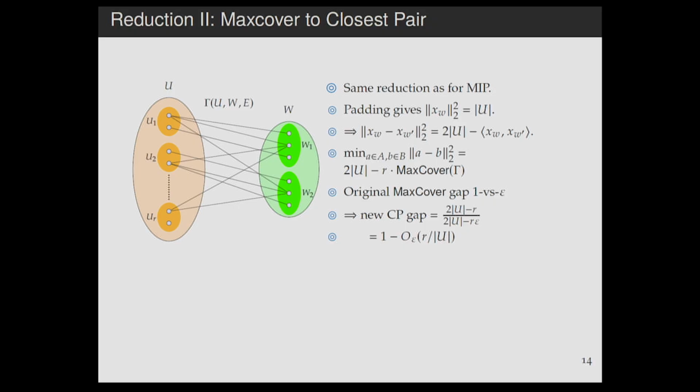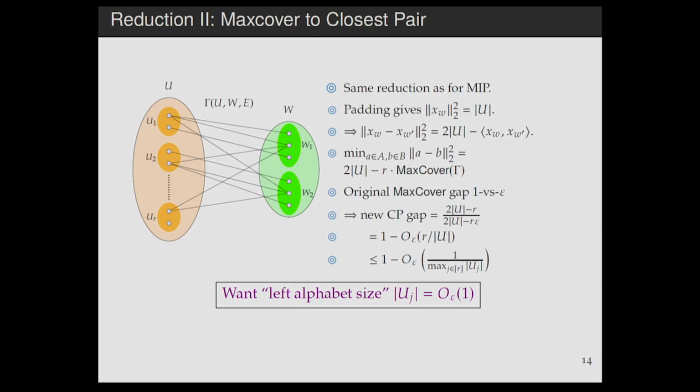And what is r over u? R is the number of supernodes on the left, and u is the total number of nodes. So this you can bound to be at most 1 over the size of each supernode u_i on the left. So if you want a constant factor, you want this parameter to be a constant.